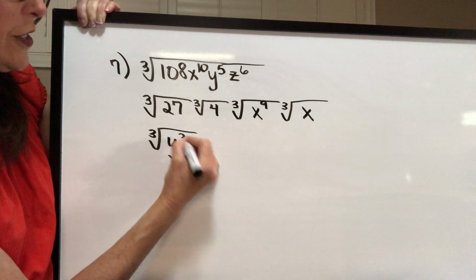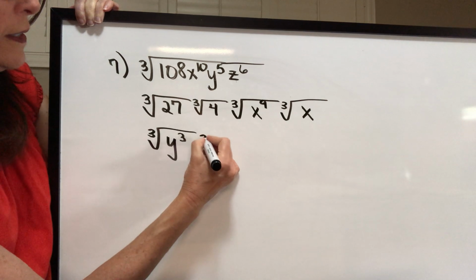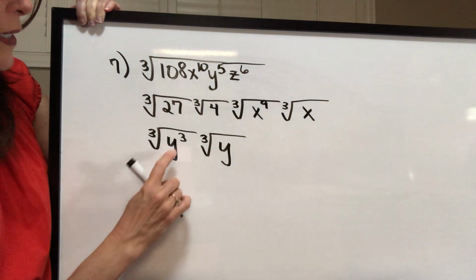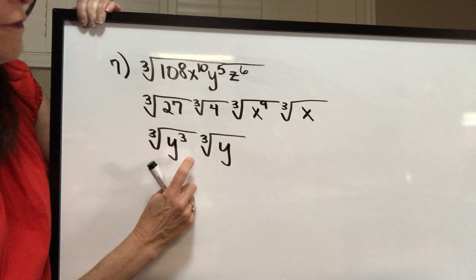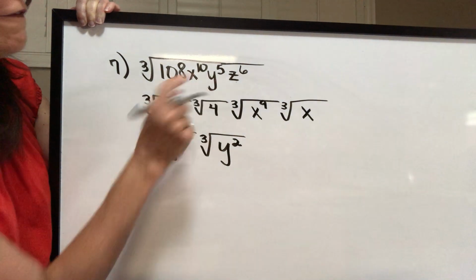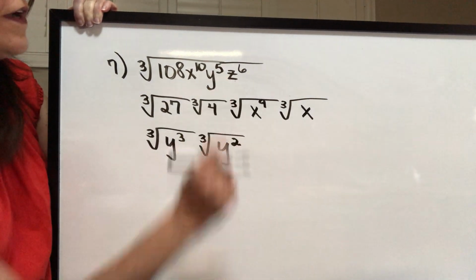So if I changed it to y cubed, that would divide by 3 evenly. That would be a perfect cube. But then the other radical would be whatever you need to make 5. So if I have 3 here, I would need 2 more to give me 5 total. So 3 plus 2 is 5.